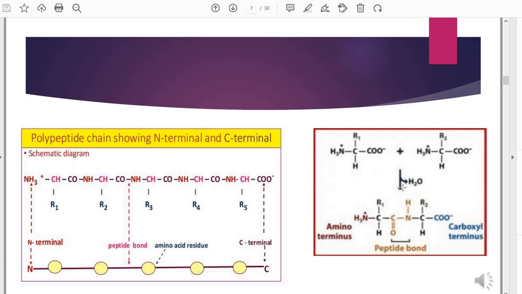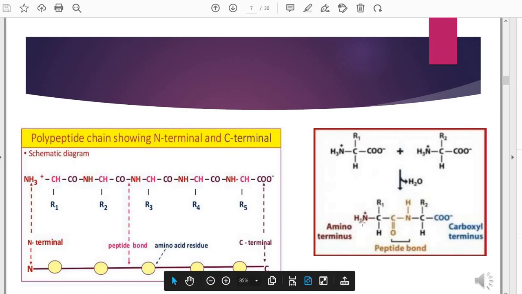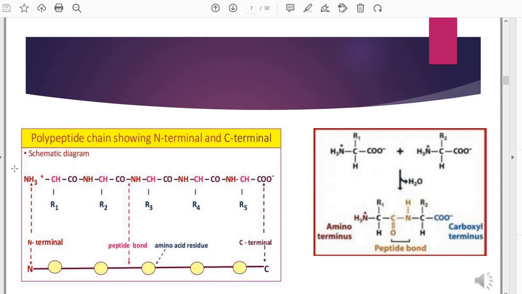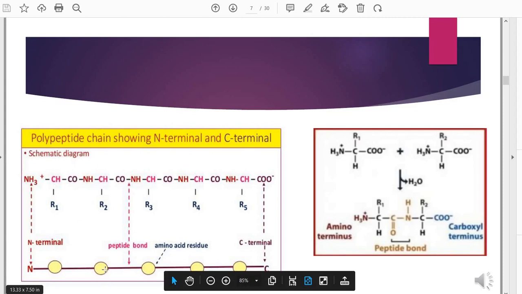They are connected by removal of one molecule of water to form the peptide bond between the carboxylic group of one amino acid and the amino group of the next or successive amino acid, and then this will form the linear polypeptide chain.